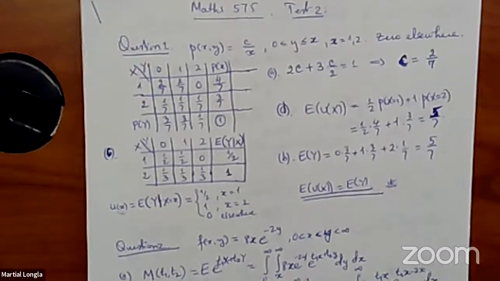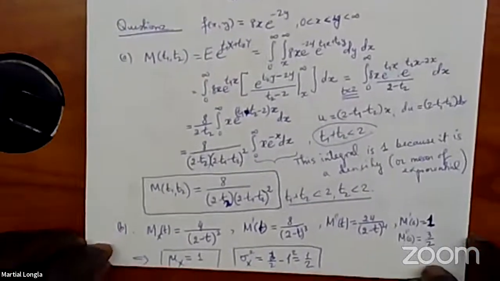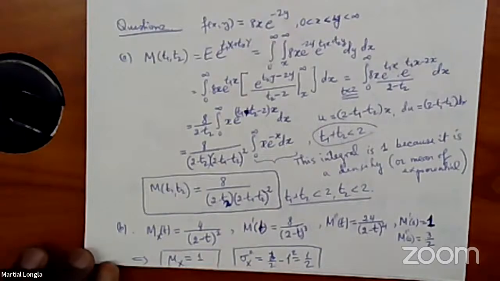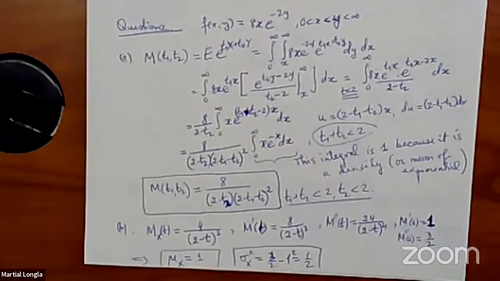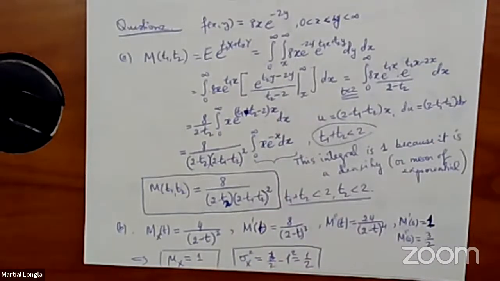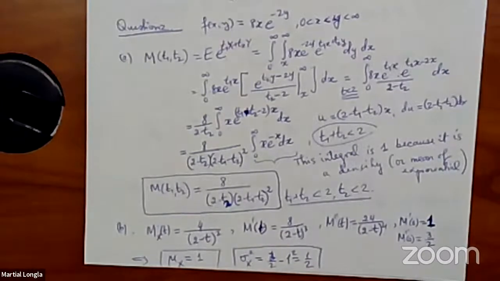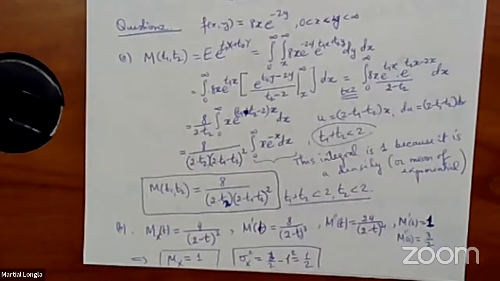Now, question number 2. This is exactly the problem we have on the homework, except that I transformed it by just multiplying y by 2. You need to integrate first with respect to y, and then with respect to x, so that you avoid having issues with the final answer.